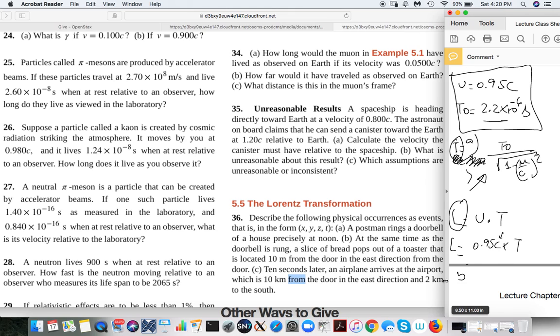Oh, the distance is simple. The distance is the proper length, which is equal to 0.95 c, the speed, times the proper time. And then you get your L naught. Okay, good enough. So I think that's it.